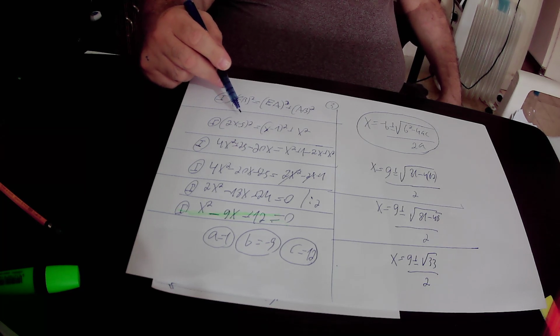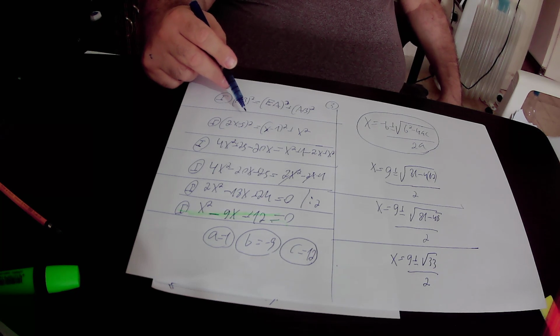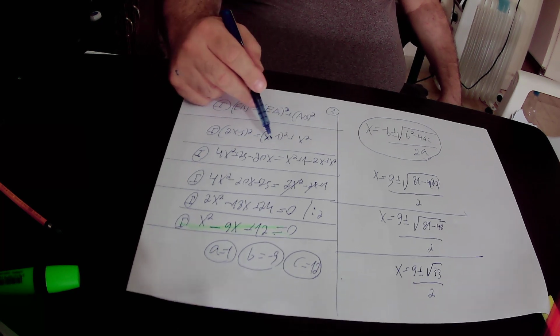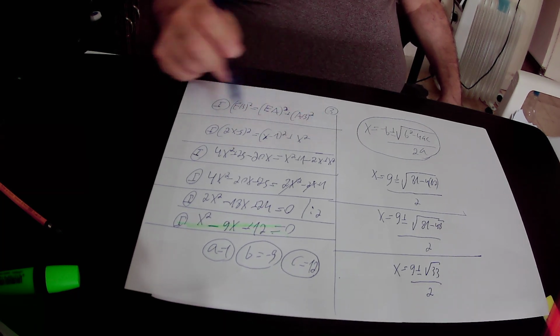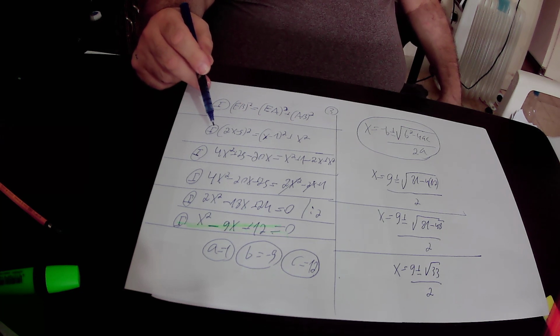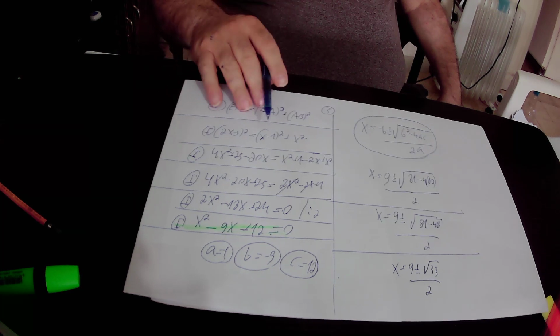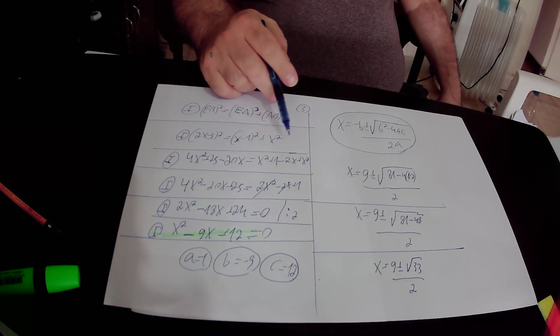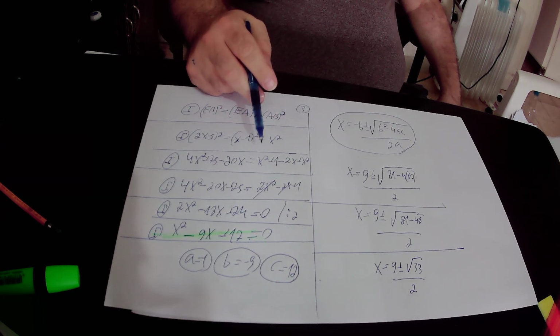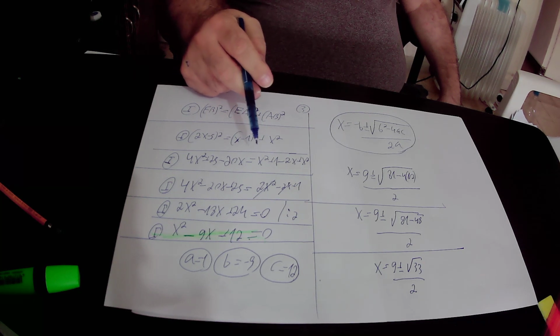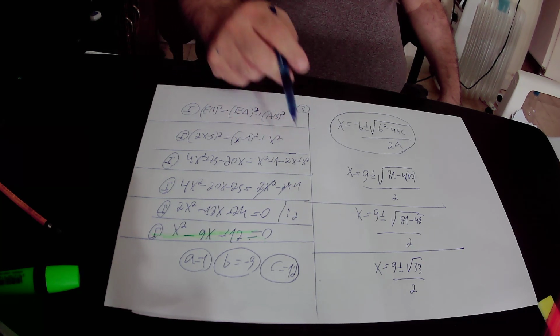That is equal to (x minus 1) square. (X minus 1) square equals x squared, plus 1 squared, it is 1, minus 2x, plus x squared. So on this side of the equation we have 4x squared minus 20x plus 25, and on the other side we have x squared plus x squared is 2x squared, 2x squared minus 2x plus 1.